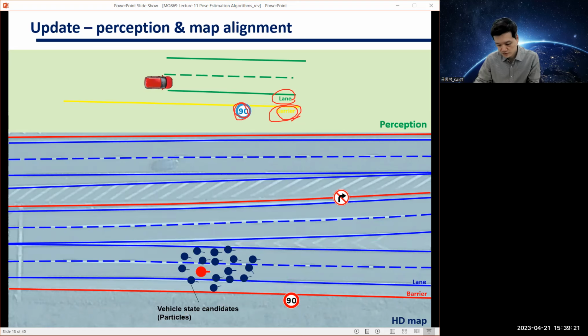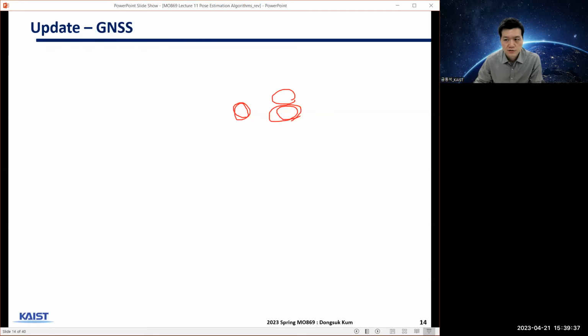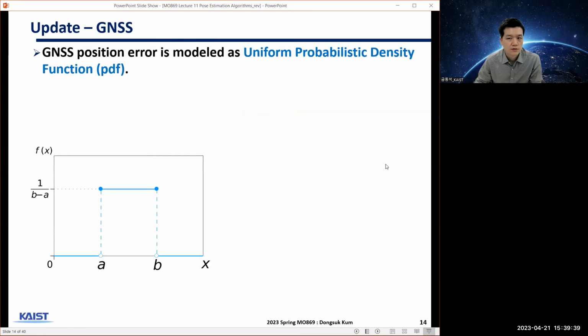And we repeat this process for all the particles. A particle that gives you a good match will get a higher weight. And then we have GNSS position error.